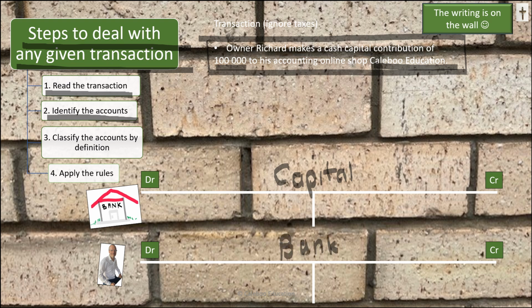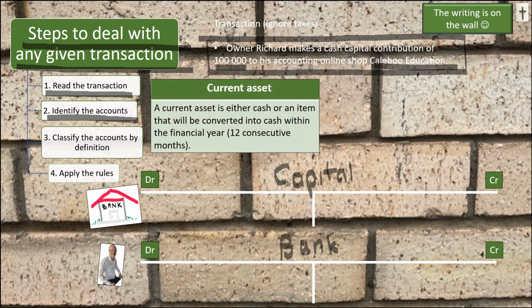Remember, we're looking at all these transactions from the point of view of Calibu Education, the business we're doing the books for. We're the bookkeeper of Calibu Education. So the two accounts are capital and bank. The third thing we need to do is classify the accounts by definition.